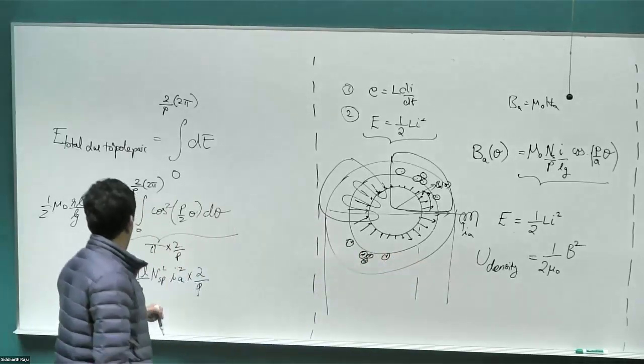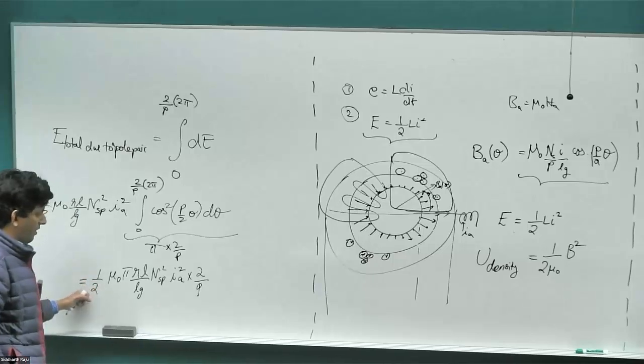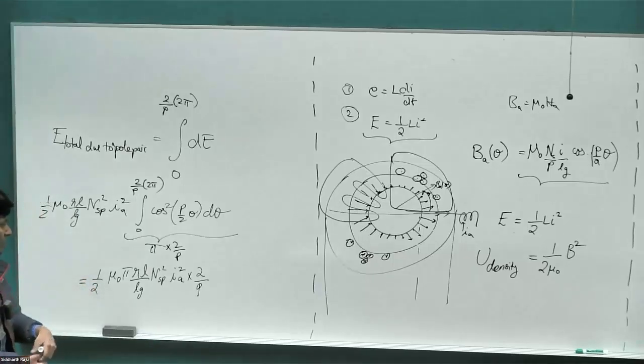So this is what we would end up getting as our energy in the air gap due to just a single set of coils of one particular phase for one particular pole pair.